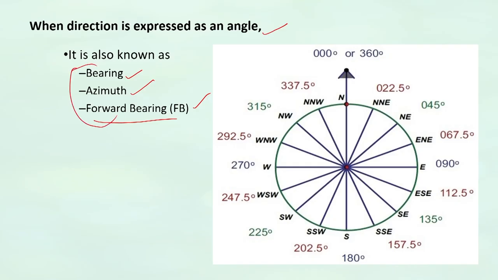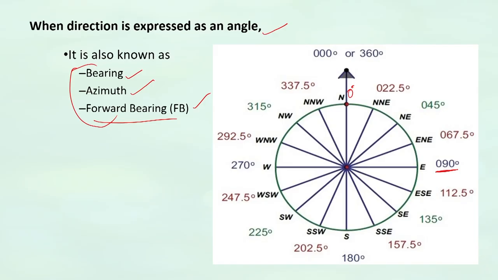Generally, the northern direction denotes 0 degrees and the east direction 90 degrees. It means, where are you going? I am going towards east. Instead, I can also say I am going towards 90 degrees, which means I am going towards east.